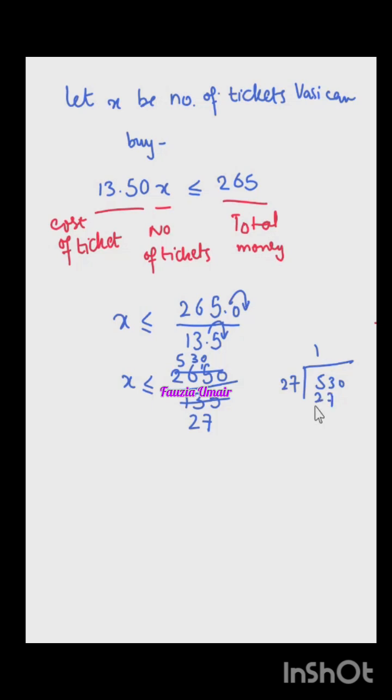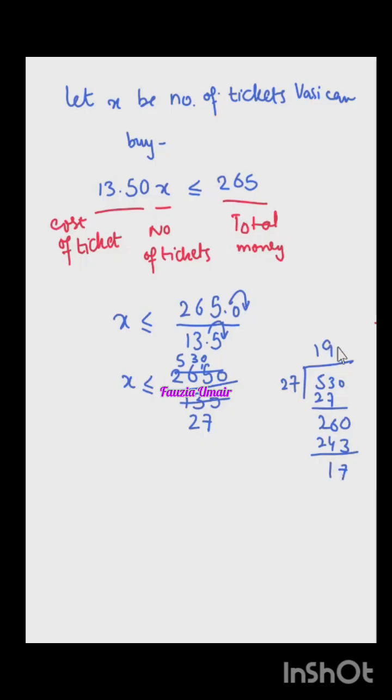So it will be 260. 27 nines are 243. So 260 minus 243 is 17.